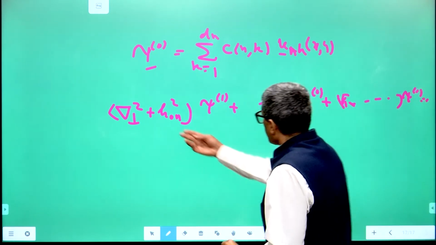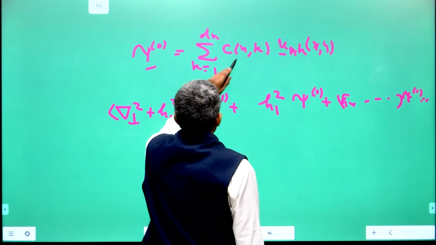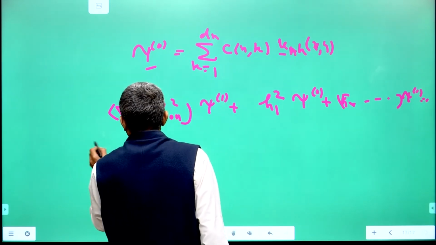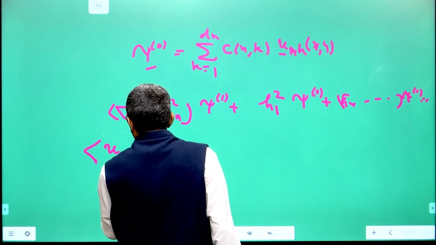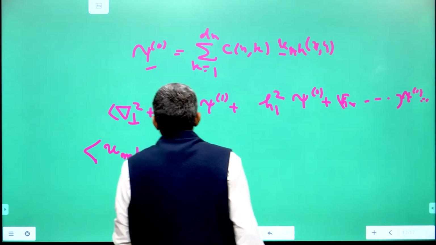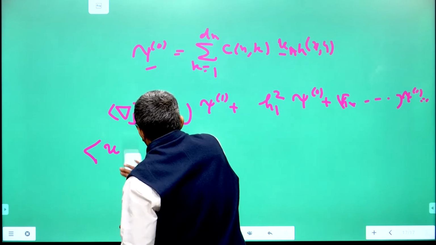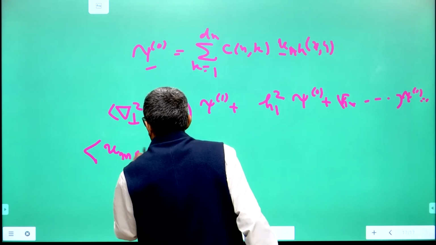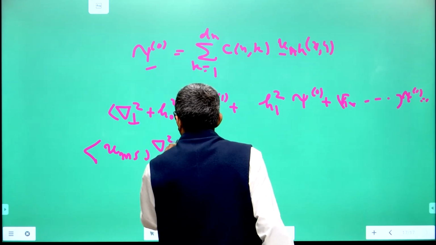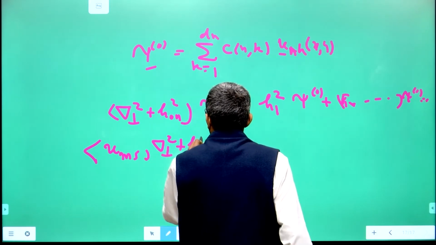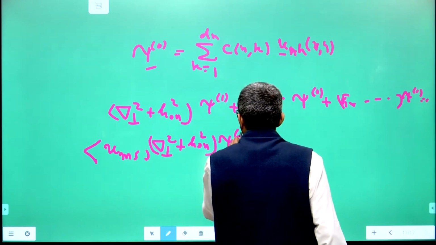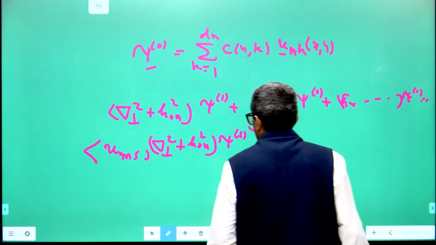So if I take the inner product on both sides with, say, ums. So ums comma del perpendicular square plus h0n square acting on psi 1. What will this give you?